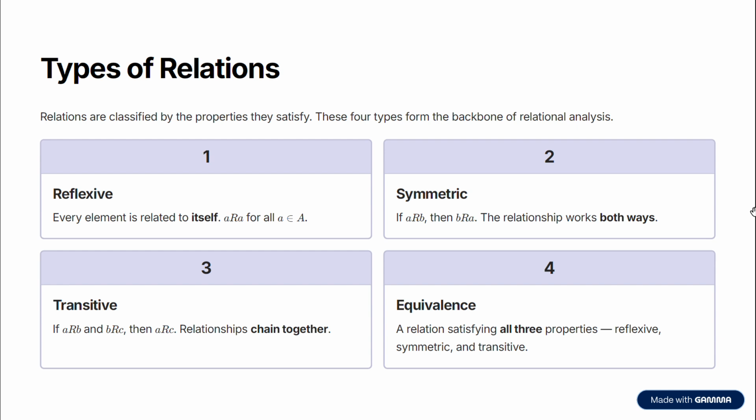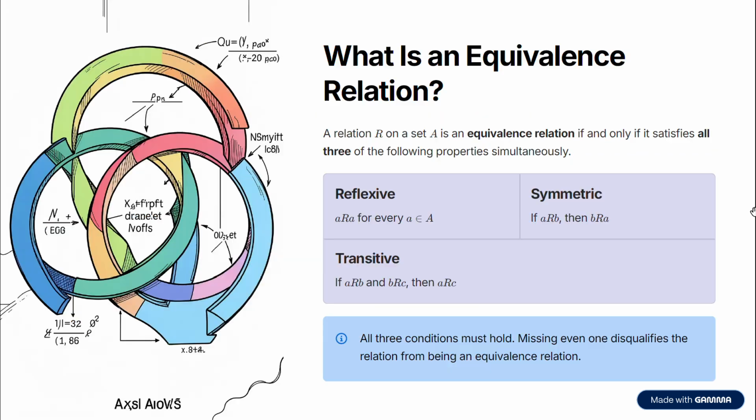The relationship works both ways. The third one is transitive: if a is related to b and b is related to c, then a is related to c. Relationships chain together. And then equivalence: if a relation satisfies all three properties, reflexive, symmetric, and transitive, then the relation is an equivalence relation.